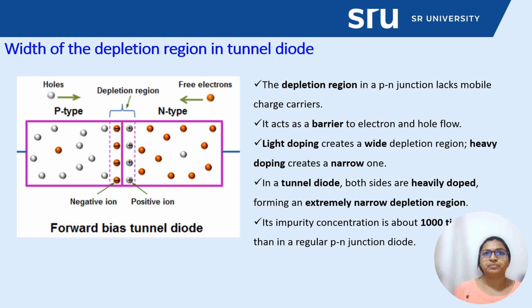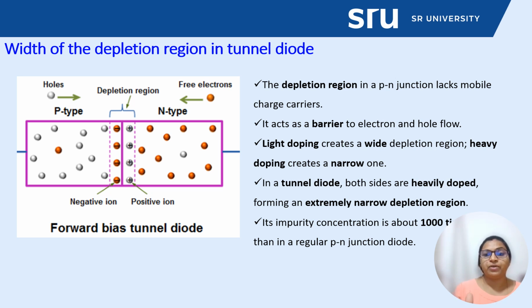This means that when we apply a very small voltage, it is enough to produce current in the tunnel diode. The tunnel diode is capable of remaining stable for a long duration, more than the ordinary PN junction diode, and because of this depletion region it also has high speed operation.